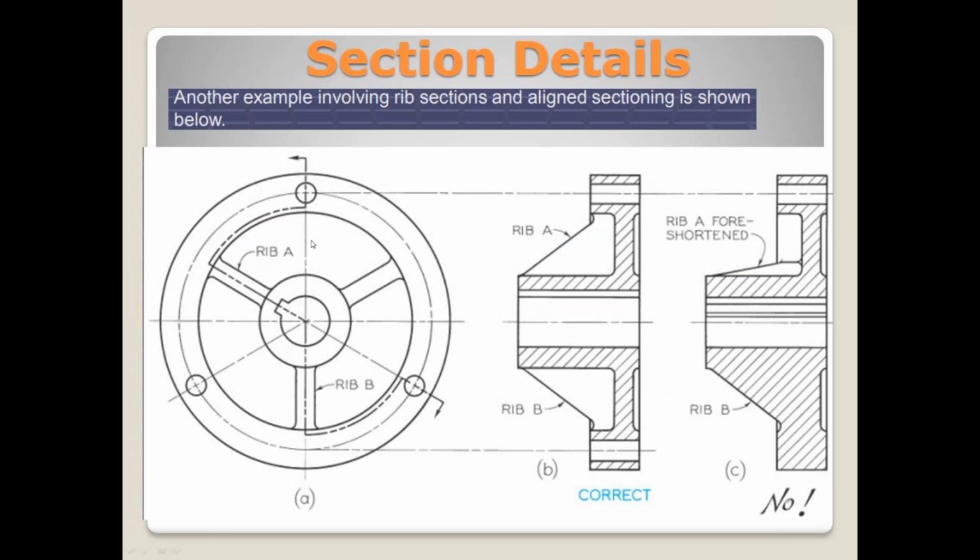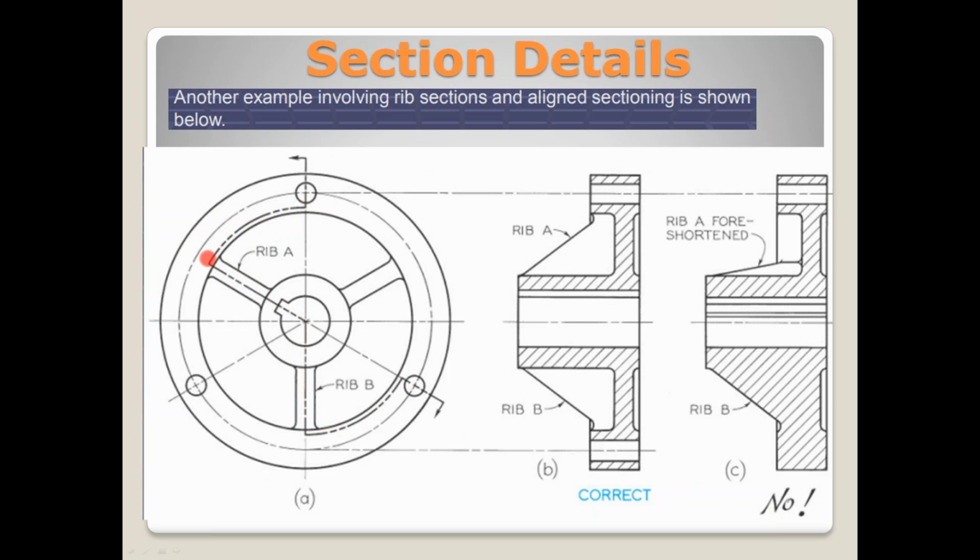Another example involving rib section and aligned sectioning is shown below, and you can see you have ribs here. But when you cut the section, you're cutting the section this way, through the center, and then we just want to show the important portion of the section.